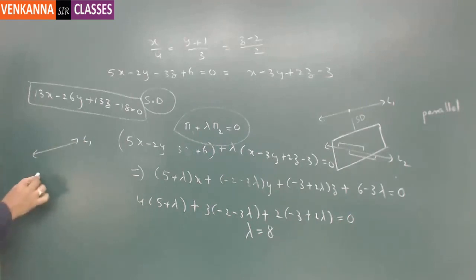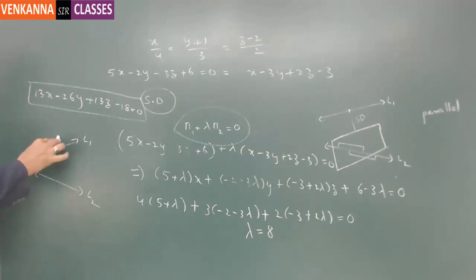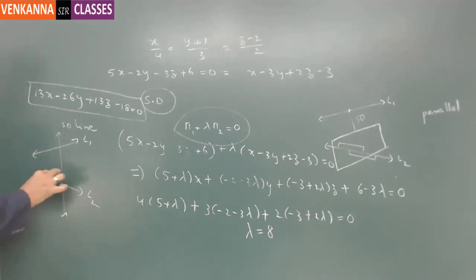So this is line 1 and this is line 2. Now let us assume that this is the SD line. Already we have calculated a plane in this manner, which is passing through L2 and parallel to L1.